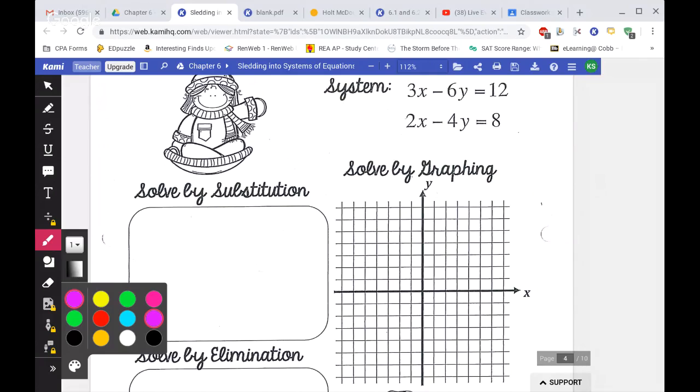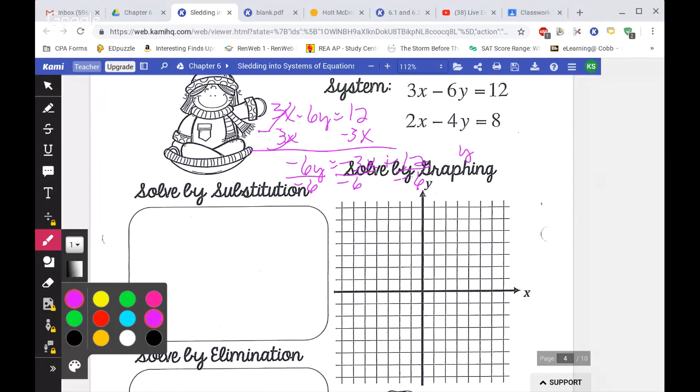Okay, so we have to be in slope-intercept form. So 3x minus 6y equals 12. Going to subtract 3x from both sides. -6y equals -3x plus 12. Divide everything by -6.